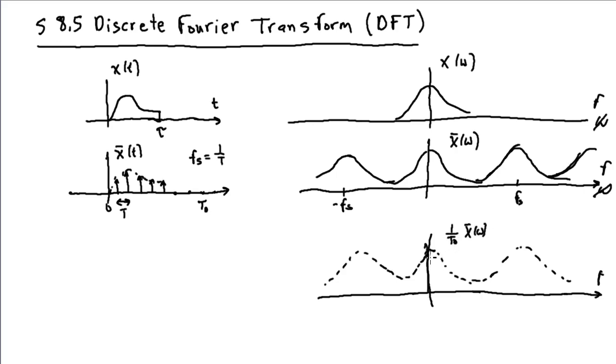I know if I now sample this in frequency, and these samples are 1 over T0 apart, and then this will repeat at Fs, which is equal to 1 over T.